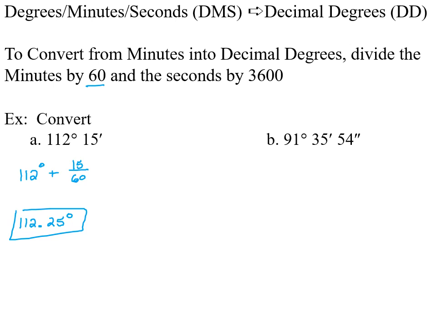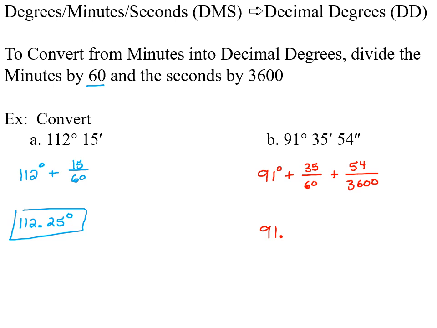On the other one, 91 degrees, 35 minutes, and 54 seconds, I would take the 91, add it to 35 divided by 60, and the 54 has to be divided by 3600. Now, I've been doing these in my head so far, but I don't really want to do that one in my head.